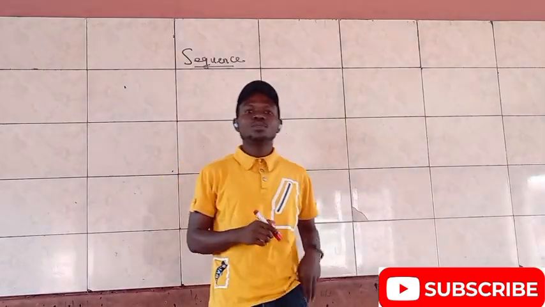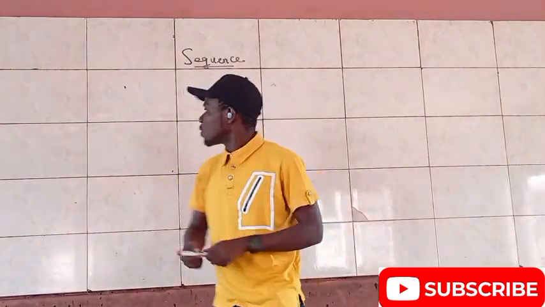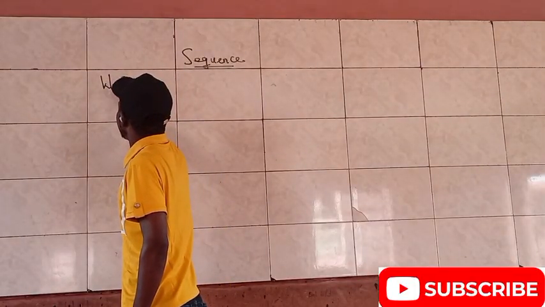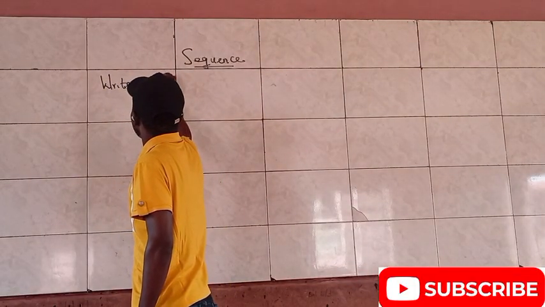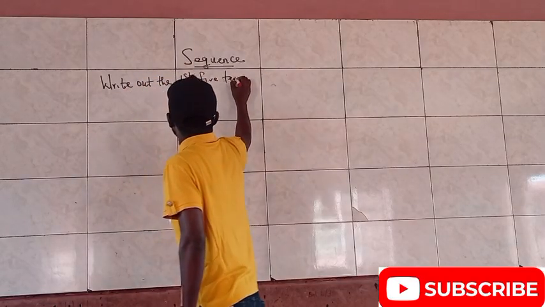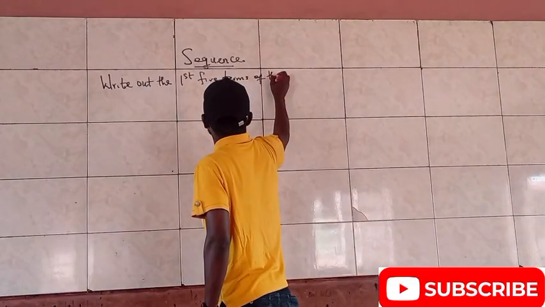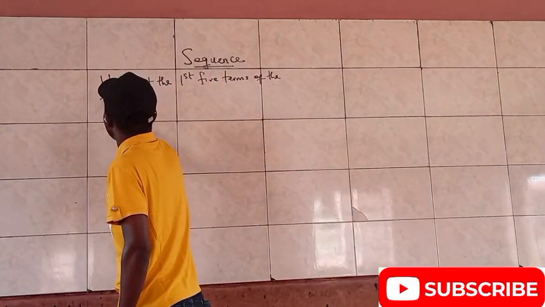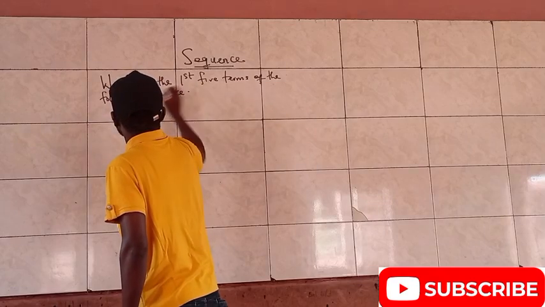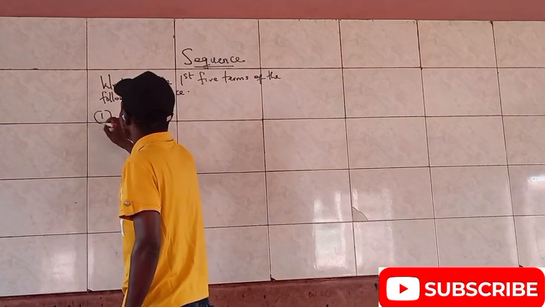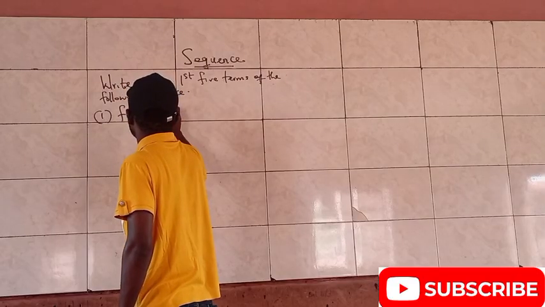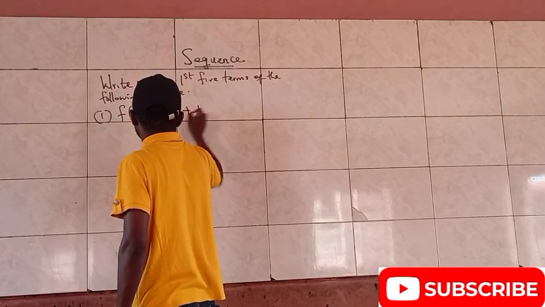So let's take some examples on a sequence. Imagine that you are asked to write out the first 5 terms of the following sequences. Number 1, imagine we have f of x equals x squared plus 1.